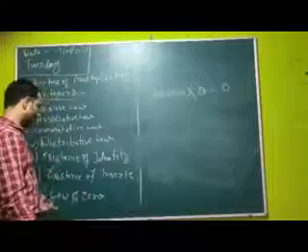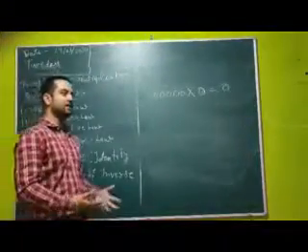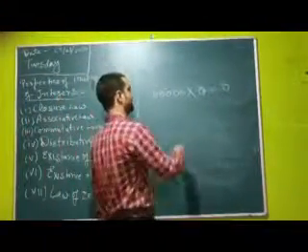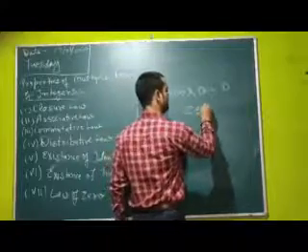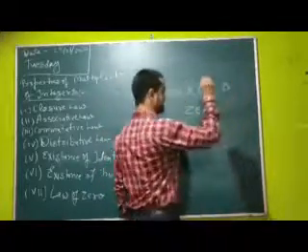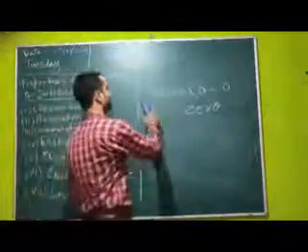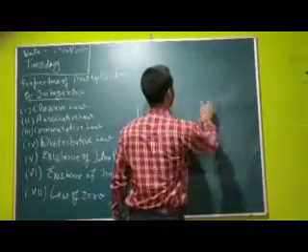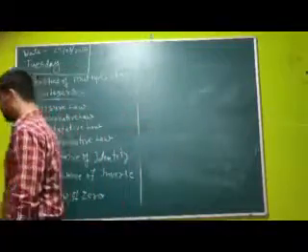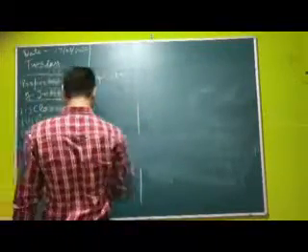So the law of 0 is that whenever you multiply any integer with 0, you will get the answer 0 only.